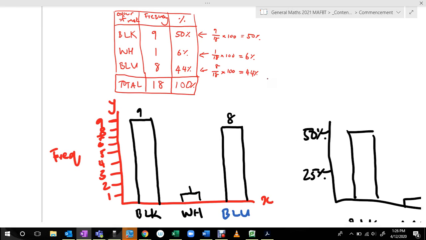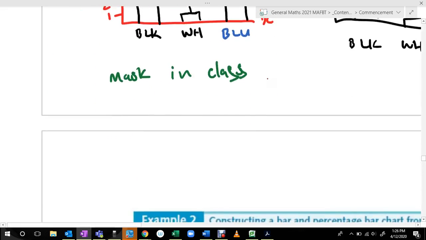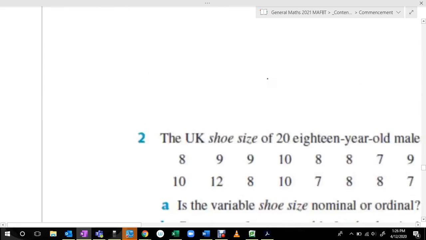You want to mention that. Tell me what it is you're actually recording. Or you could just say the number of students with these color of masks were recorded. So explain the context. You have to tell me what kind of data we are actually looking at.